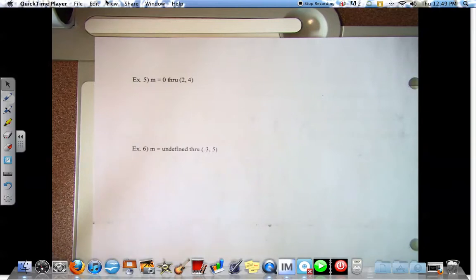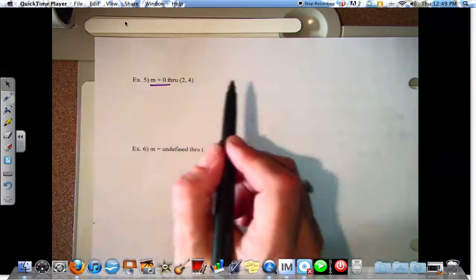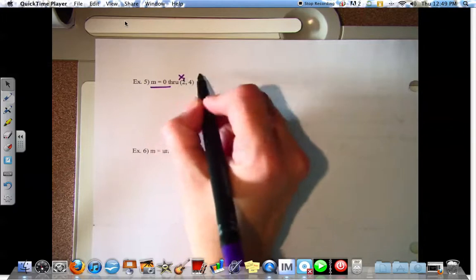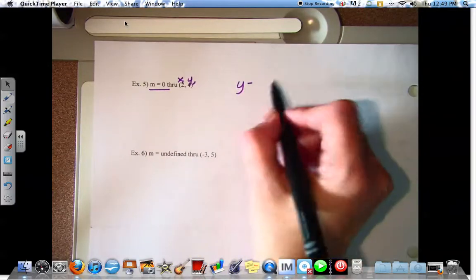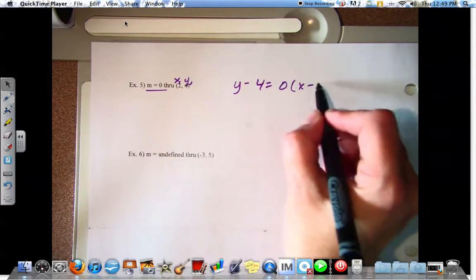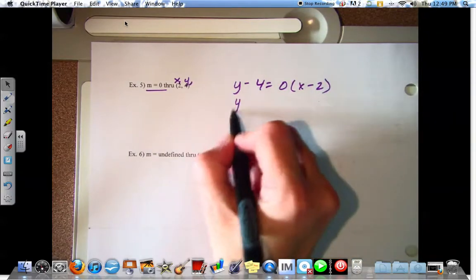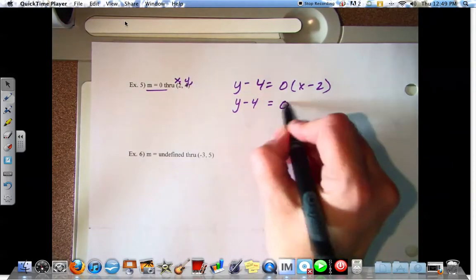Alright, example 5. Our slope is 0 and it's going through the point 2 and 4. So y minus 4 equals 0 times x minus 2. So we have y minus 4 equals, what's 0 times x? 0. What's 0 times 2?